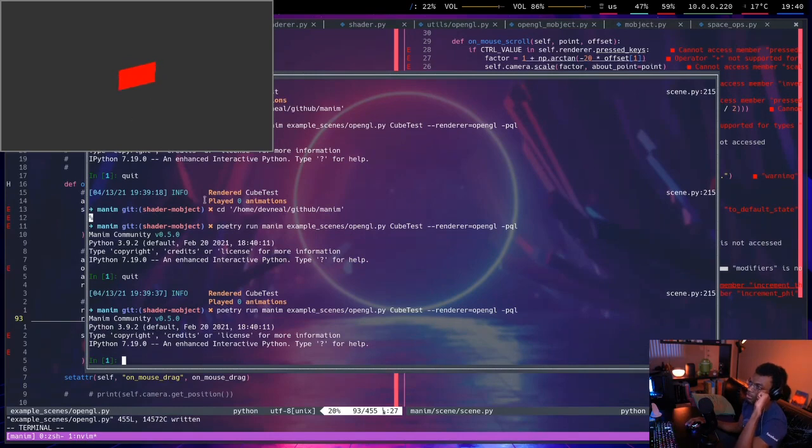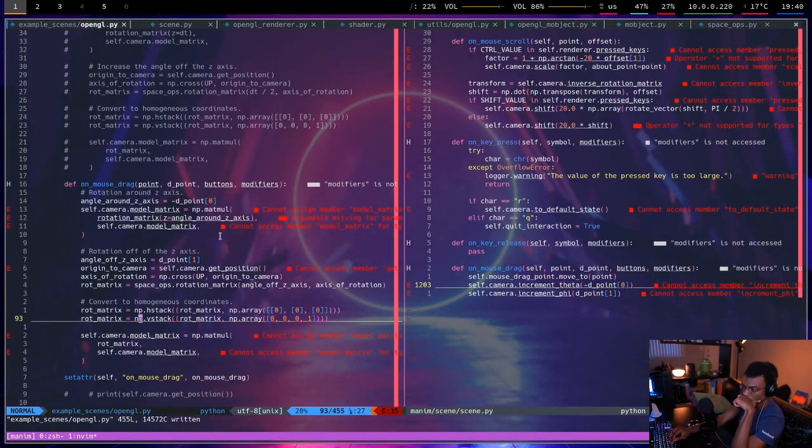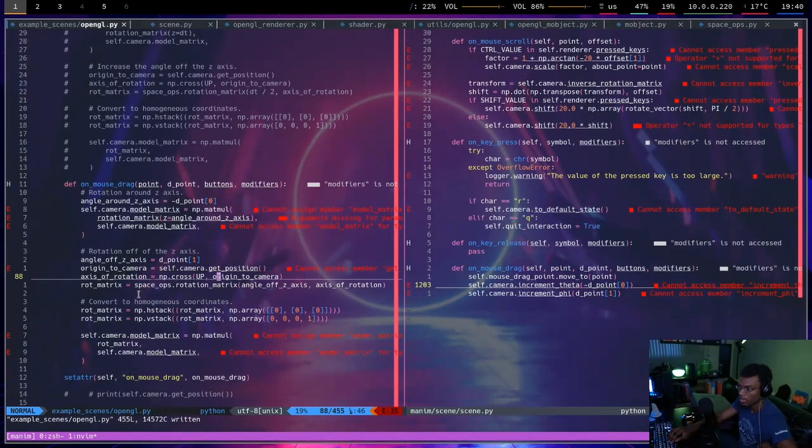Darn. So what could this be doing wrong? If it's finding the origin to the camera, finding the axis of rotation by crossing the up vector with that and then rotating around that, that seems right.